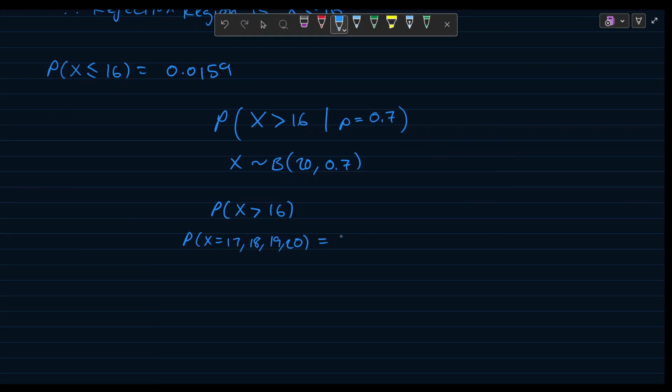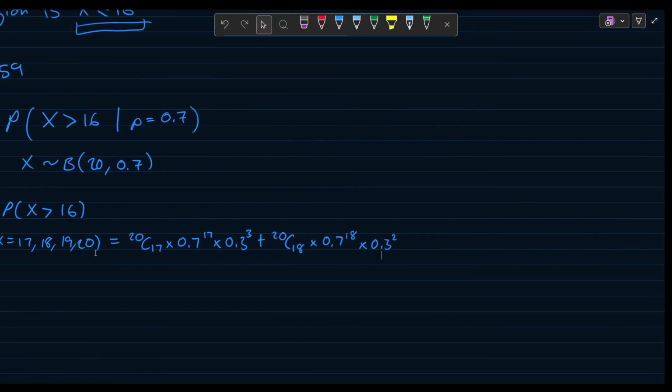So that's 20 choose 17 multiplied by 0.7 to the 17 multiplied by 0.3 cubed, plus 20 choose 18 multiplied by 0.7 to the 18 multiplied by 0.3 squared, plus 20 choose 19 multiplied by 0.7 to the 19 multiplied by 0.3, plus 0.7 to the power 20 for x is 20.